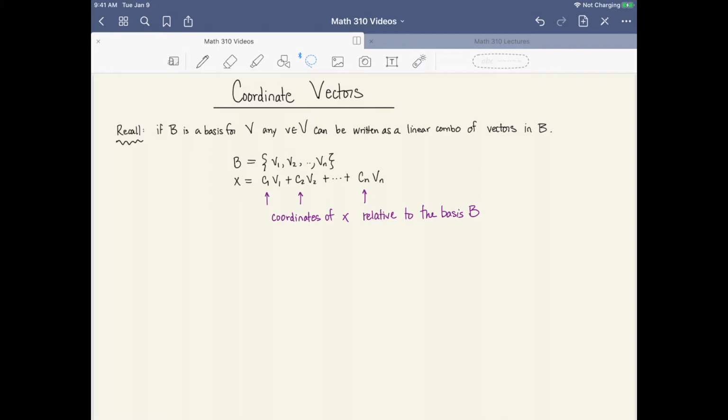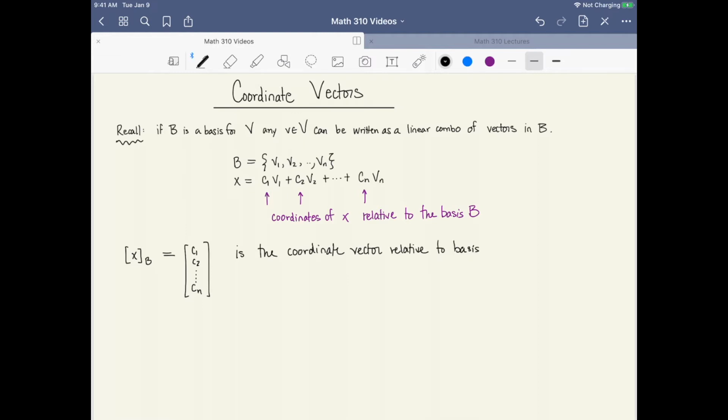That's what we mean by a coordinate vector. And there's special notation which is often used for this with brackets. So x with a subscript B means that coordinate vector of x relative to B. And so it itself is a vector where you just take off the coefficients: c1, c2, all the way down to cn, is the coordinate vector relative to the basis B.